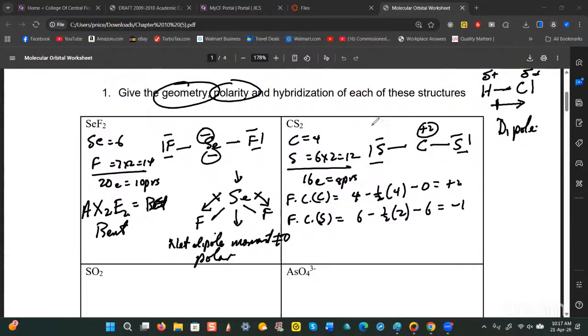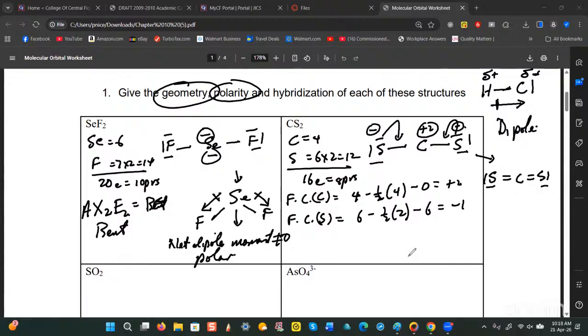So each of these will have -1 here and here. All right. So of course, you know what's going to happen. This is going to go down here. Unfortunately, we don't have enough space, but let me just put that out here. So S double bond C double bond S, and 2 lone pairs here. Okay. So that would be the Lewis structure for carbon disulfide, right?